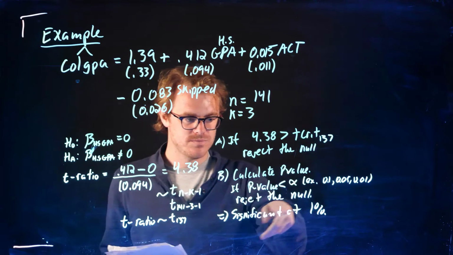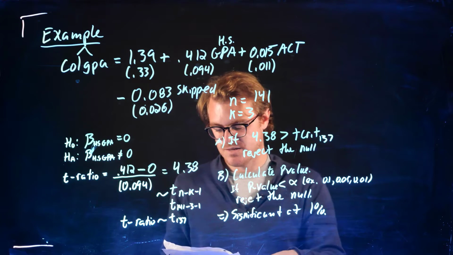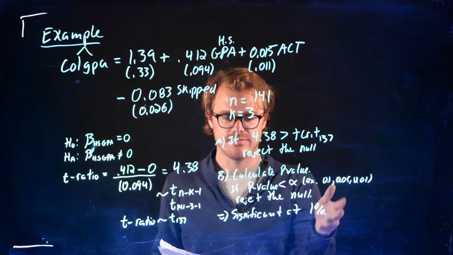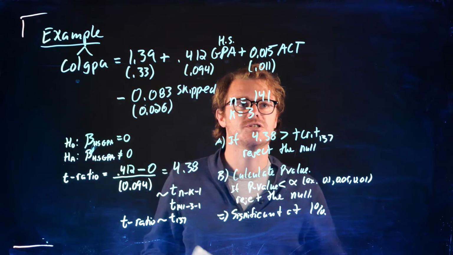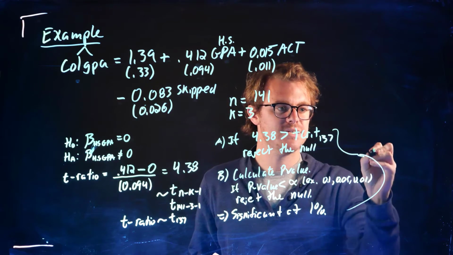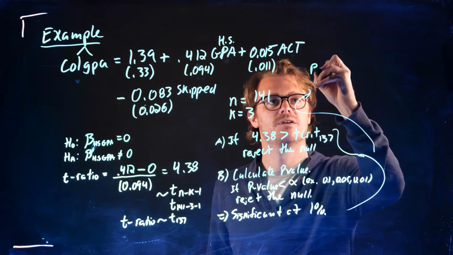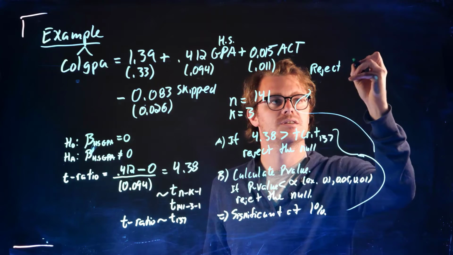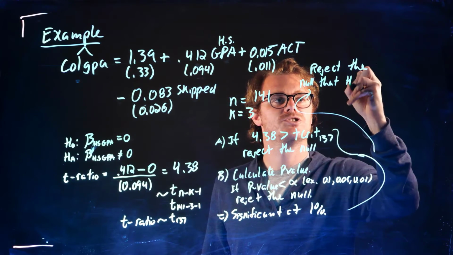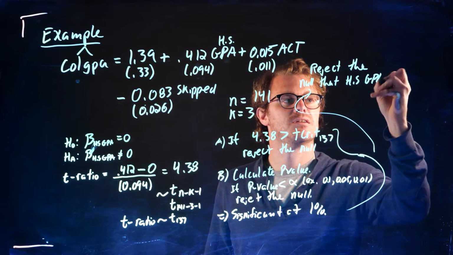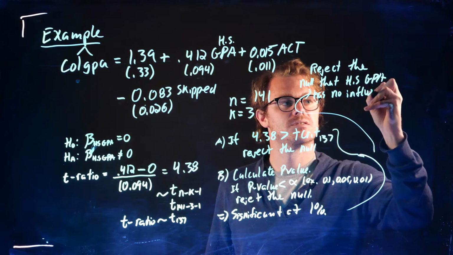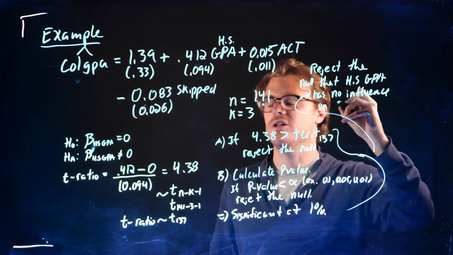Okay, so here we'd reject the null, and we should write out our conclusion somewhere. So we'd use this to come to our conclusion, and we'd reject the null that high school GPA has no influence on college GPA.